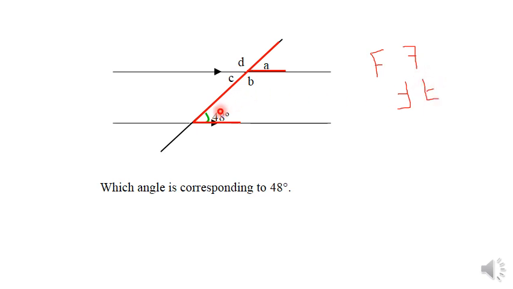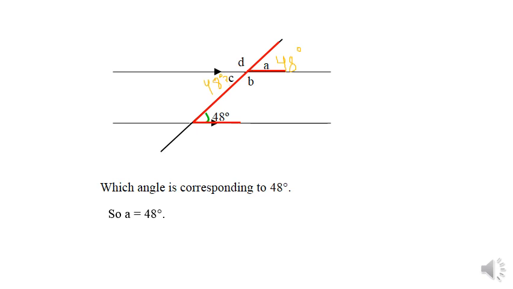So which angle is corresponding to 48? So this is the side of the F shape. Inside it, we have A equal to 48. So in this case, A is equal to 48 degrees. Can you guess the measure of angle C? Angle C is the vertically opposite angle to A, so it's equal to 48 degrees.